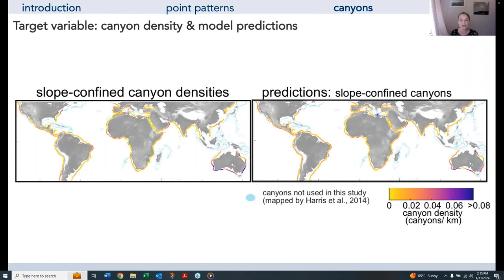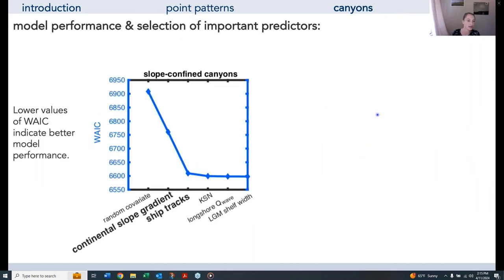But what's interesting now is what are actually the important parameters that play the most important role in predicting canyons. This is a measure of model performance, and all you need to know due to time constraints is that the AIC indicates better model performance the lower the values.